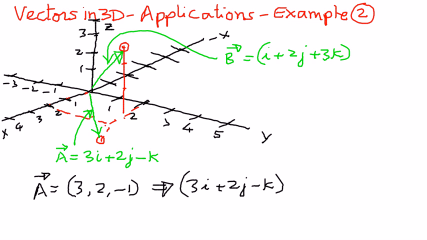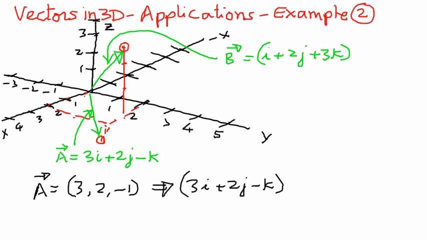I've got the graph started so that I need not waste time, so I can have the figure and point to it as I explain. So we're going to travel 3 units on the positive x-axis, and then 2 units on the positive y-axis, and we're going to travel 1 unit on the negative z-axis. So you're going down that way.